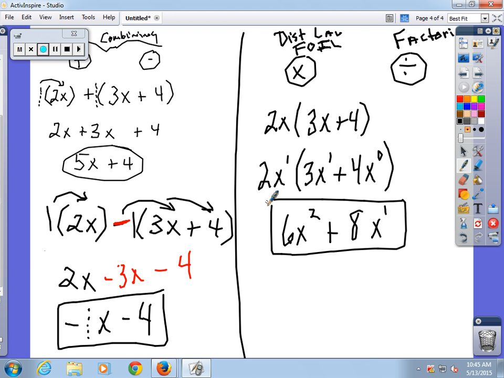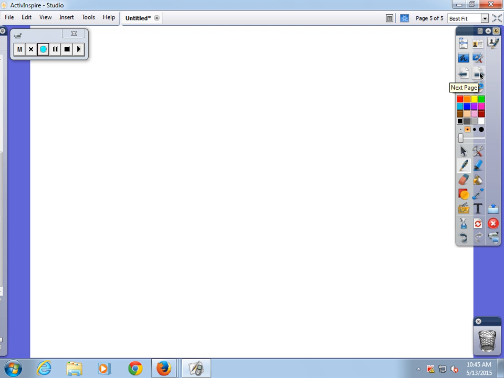Now factoring: you undo this and get this. I'm going to wait on factoring. We're going to talk about factoring later. I just want to do a couple of equations and then we'll move up to factoring. 2x plus 3x minus 2 is equal to 0.